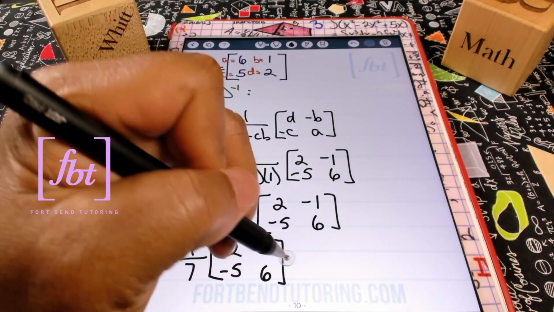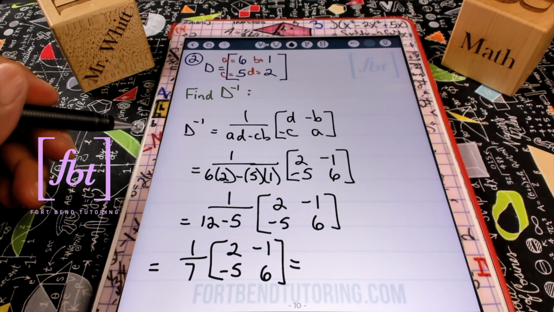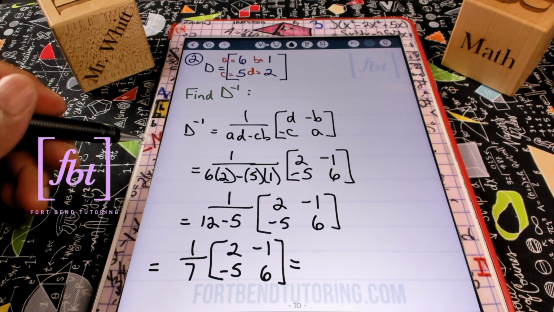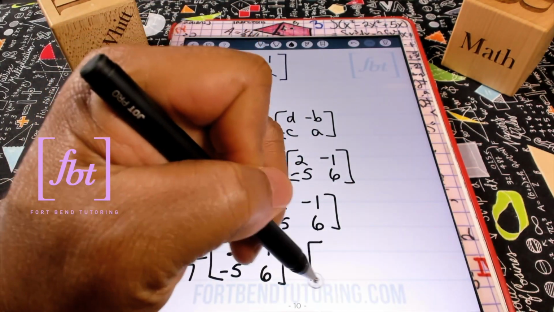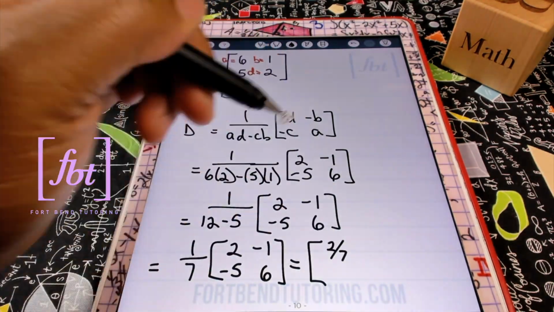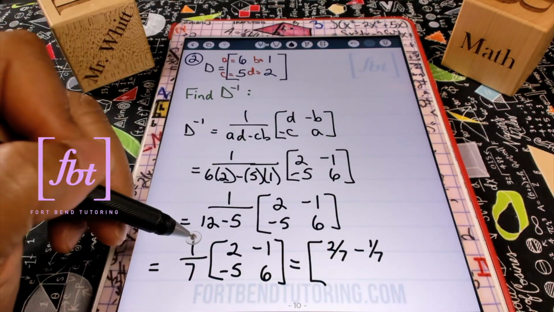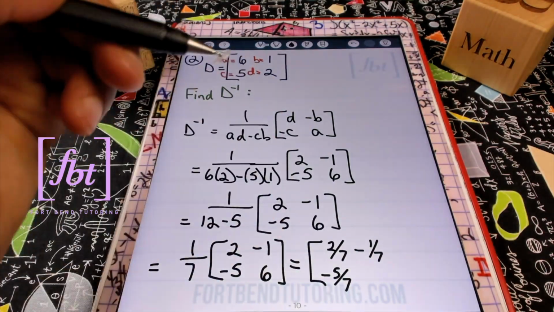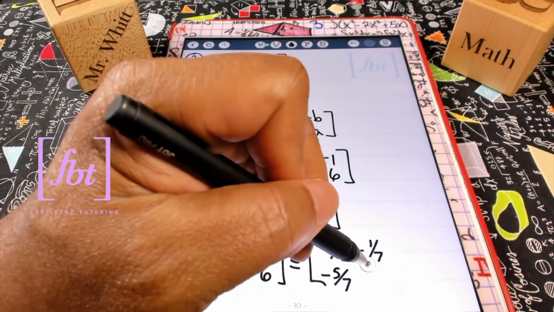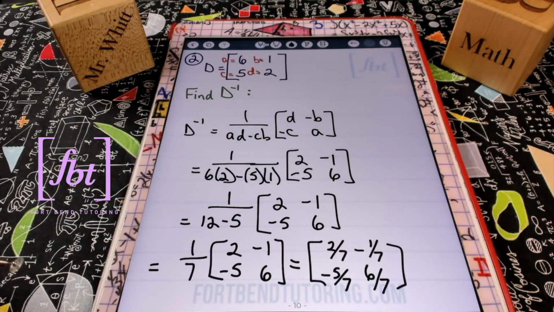Therefore, you're going to use this scalar to multiply every element within times 1/7. So 1/7 times 2 gives us 2/7. 1/7 times negative 1 is negative 1/7. 1/7 times negative 5 is negative 5/7. And 1/7 times 6 is 6/7. And this is your answer here.